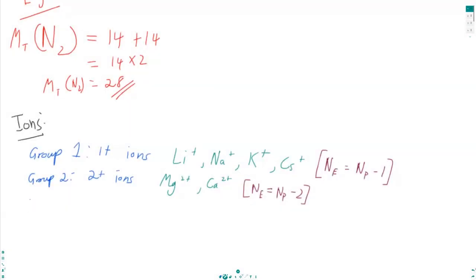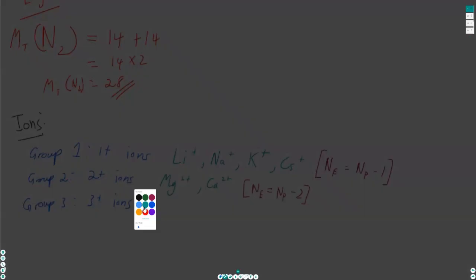Now we're going to look at group 3. Group 3 forms 3 plus ions, and the classic example here is aluminium.